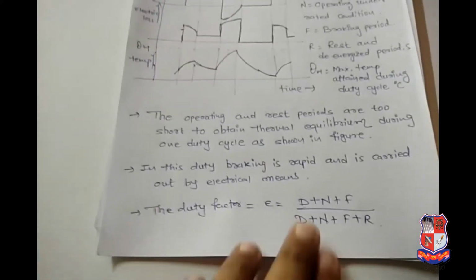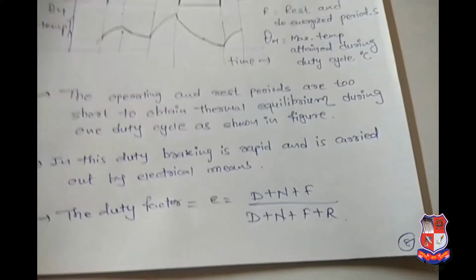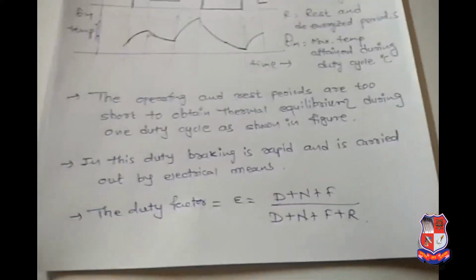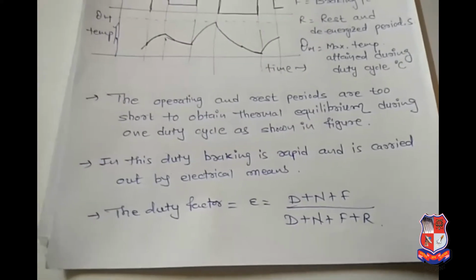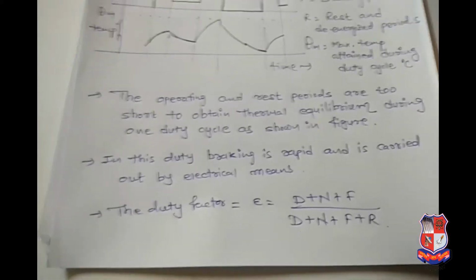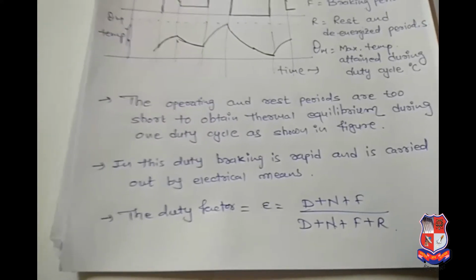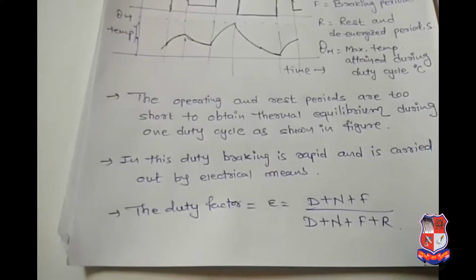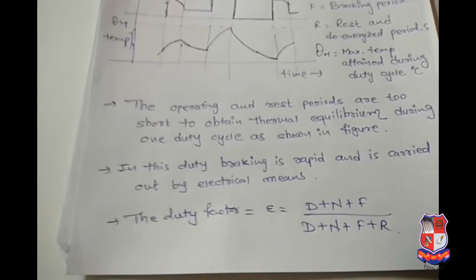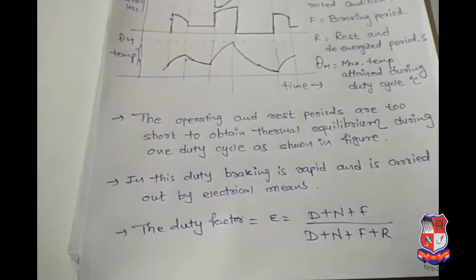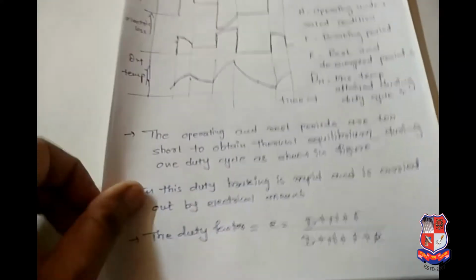D plus N plus F is known as the heating period, and the whole cycle is D plus N plus F plus R. So the duty factor is the heating period divided by one cycle. D plus N plus F is the heating period, and D plus N plus F plus R is the whole cycle. So the duty factor is defined in this type of duty cycle.